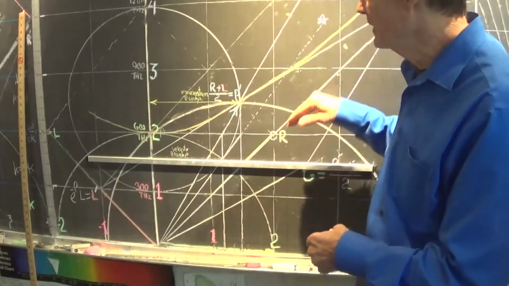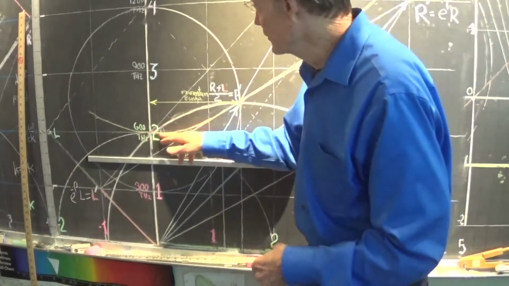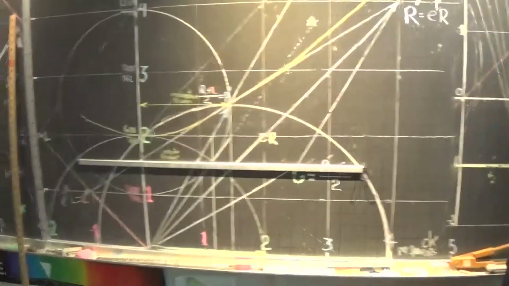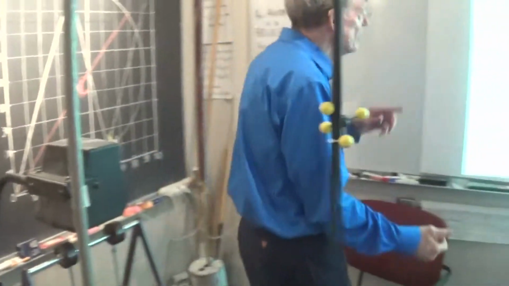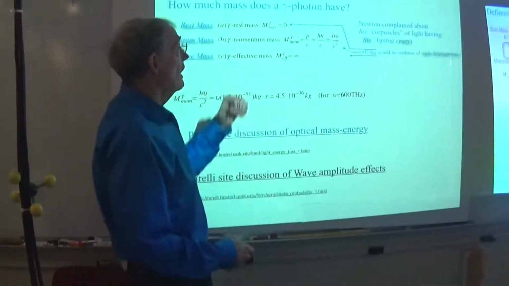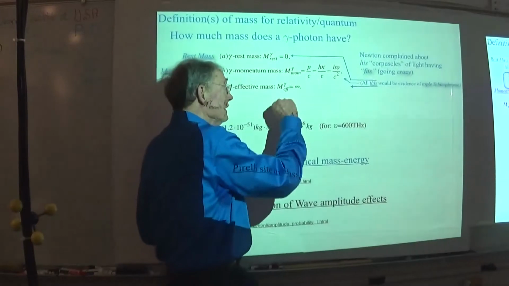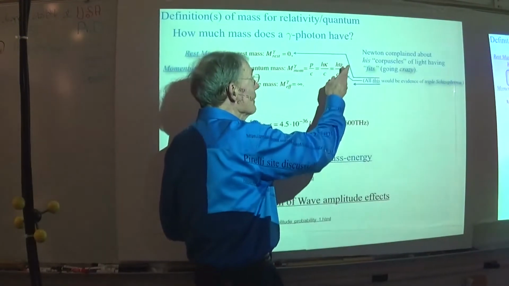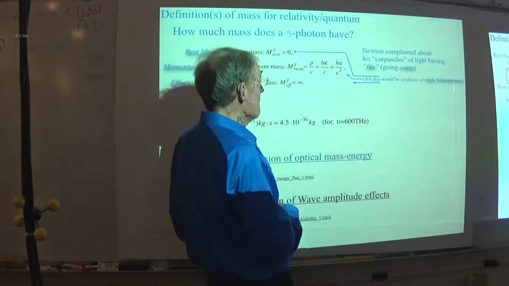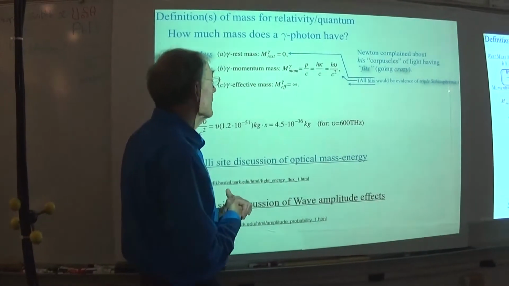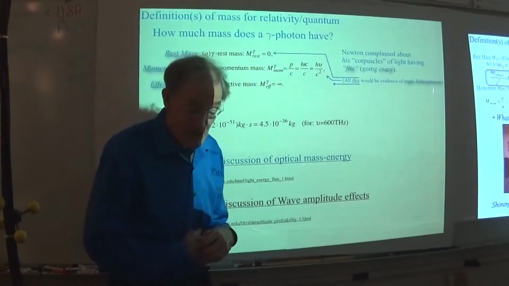But the basic idea is the curvature of this has a nice circle in there. It's quite finite. And therefore, I can give you a momentum mass for a gamma ray or a photon. Okay? And it's just P over C. And that's h bar kappa over C or h nu over C squared. And then, what's the effective mass? Wow, that's pretty obvious.